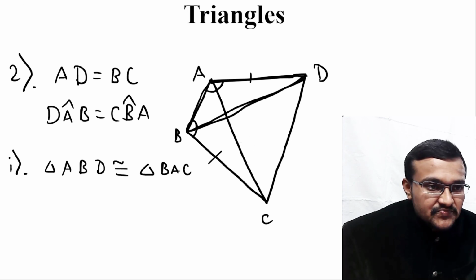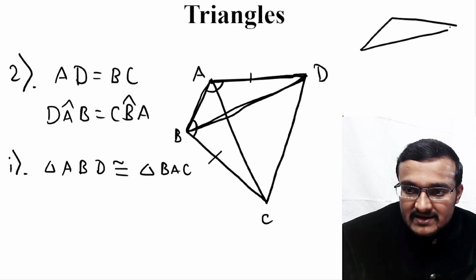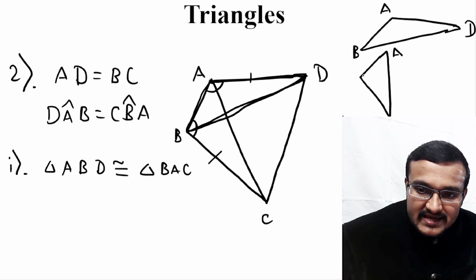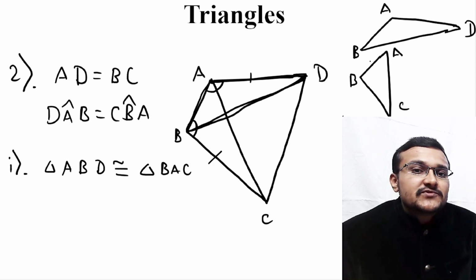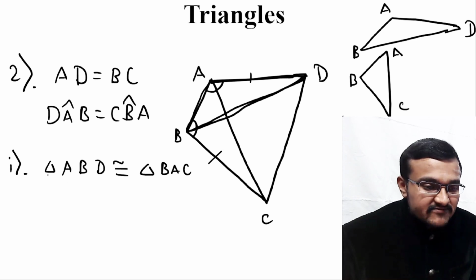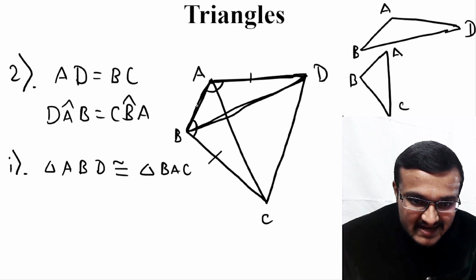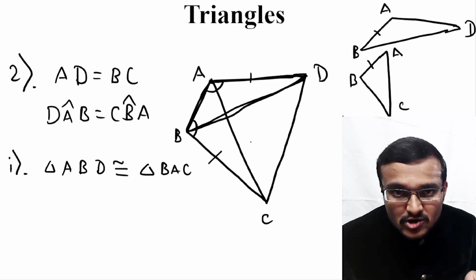Here we have one triangle like this. This is A, B and D. There is one more triangle like this, and this is also A, B and this point is C. These two triangles we have to prove are congruent with each other in the first part. Now you can clearly see that in both these triangles, AB acts as a common side.